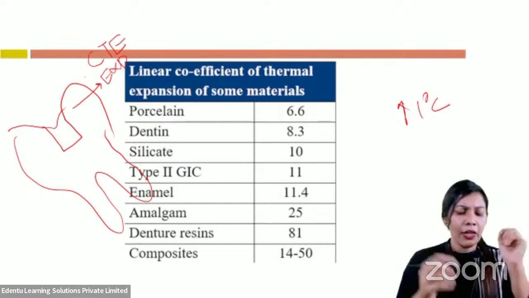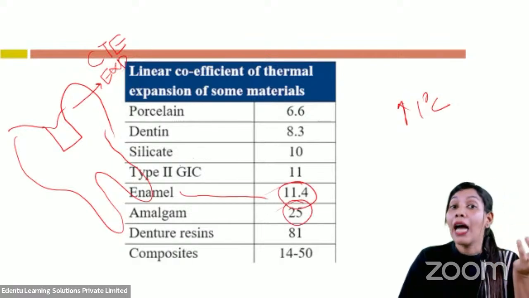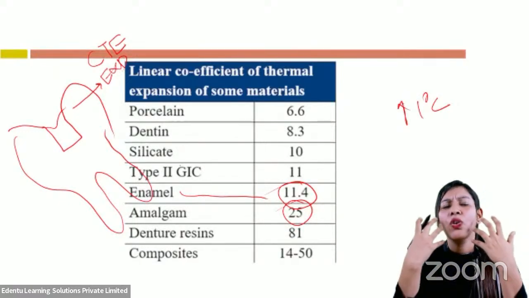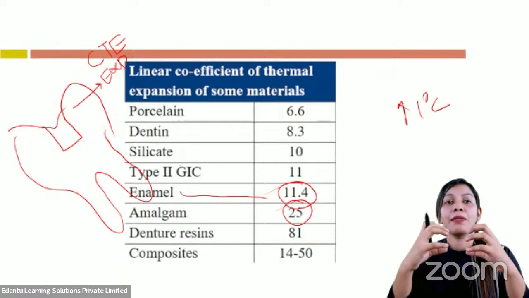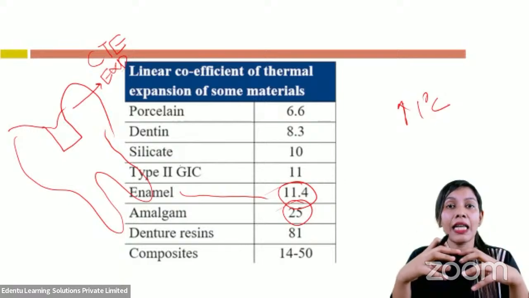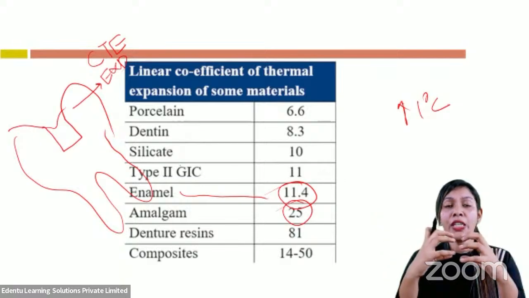Why? See, the enamel coefficient is 11.4. Amalgam is 25. So what happens? Whenever the oral cavity is exposed to a temperature change, the tooth will expand a bit. But a material like amalgam, if we place it inside, has a coefficient of thermal expansion of about 25, so it will expand more.